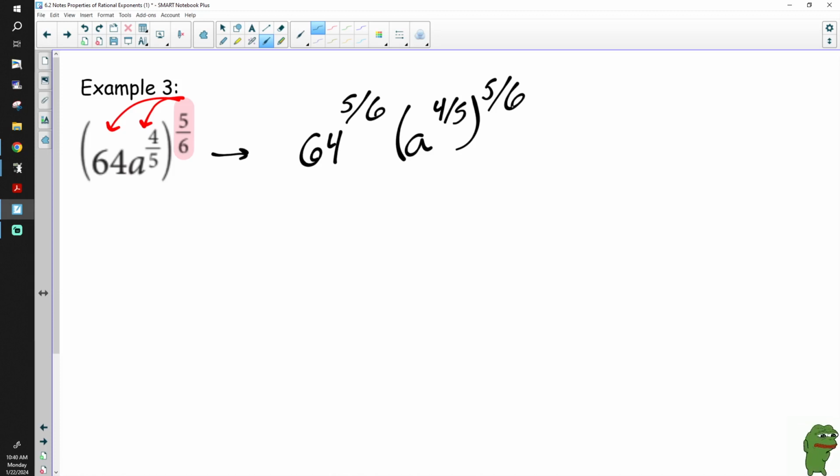There are powers in the problem. Yes. What am I going to do next? Do you see the power to a power? Where's the power to a power? Power to a power means we do what? Multiply.